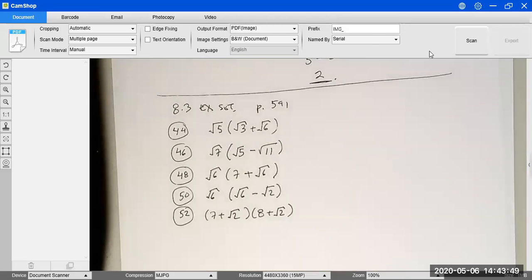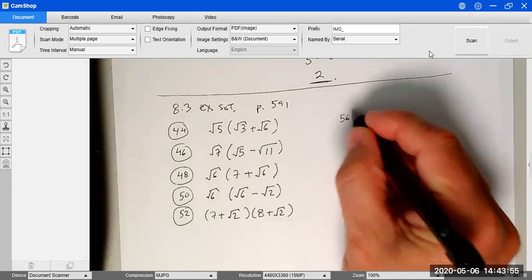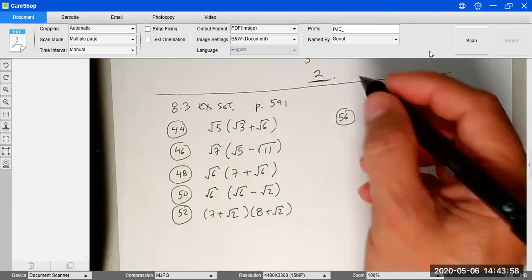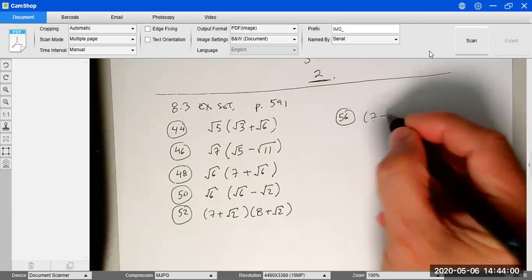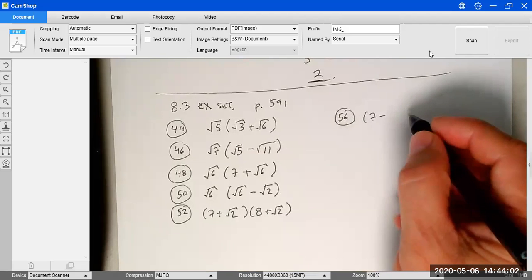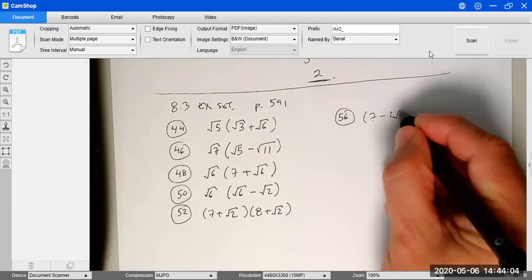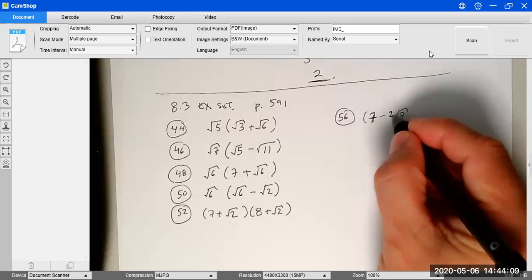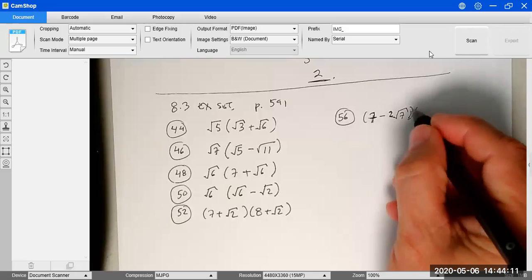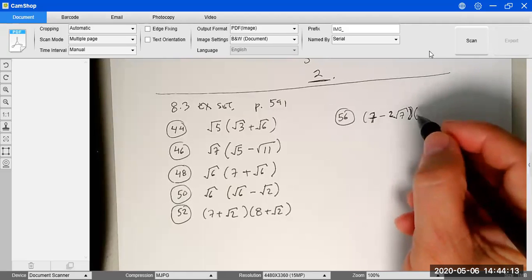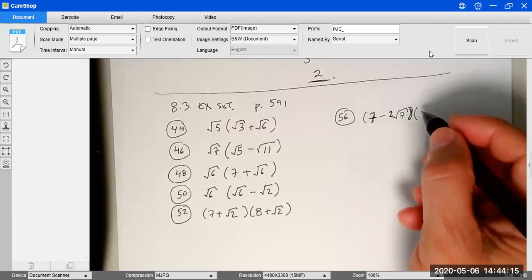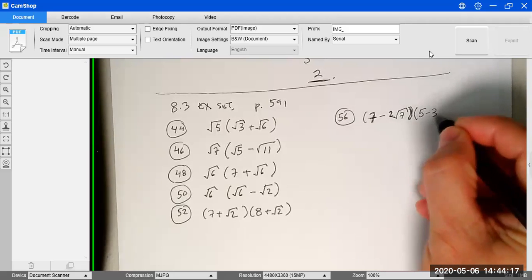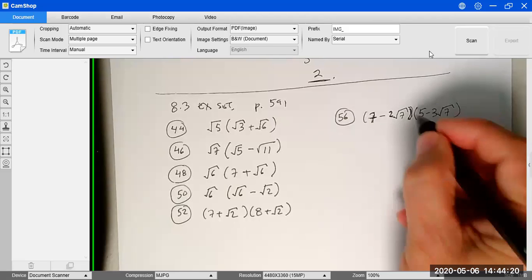Then we have 56. 56 is 7 minus 2 times radical 7, and this is going to multiply 5 minus 3 times radical 7.